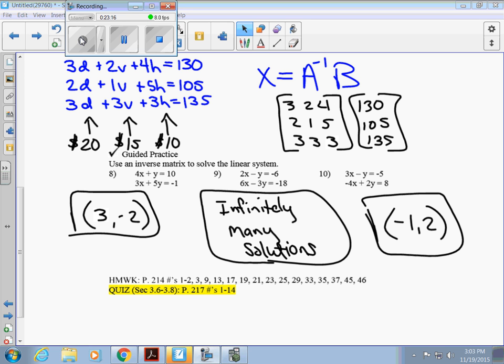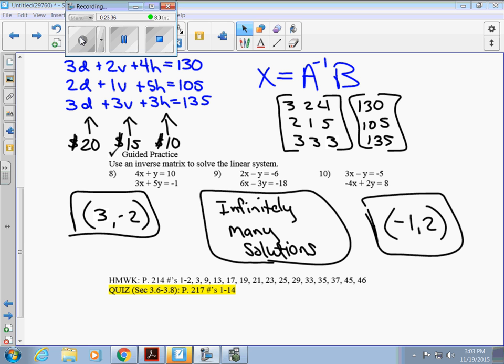So in section 3.8, which is the last section in this chapter, we are talking about solving systems of equations using inverse matrices. So we started out by finding the inverse of a 2 by 2 matrix, and then we also looked at how to do those on the graphing calculator.